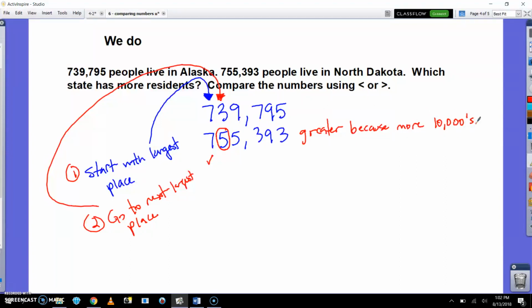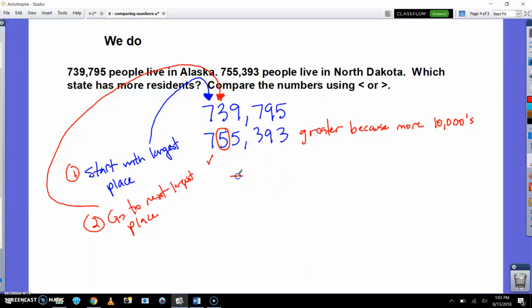Doesn't even matter what comes next. If one of them has more 10,000s than the other, there's nothing these other four digits can do to make up 10,000 because these stop at 9,000. So they'll never get another 10,000 over here no matter what. So as soon as you find a bigger digit in the same place, you got it.